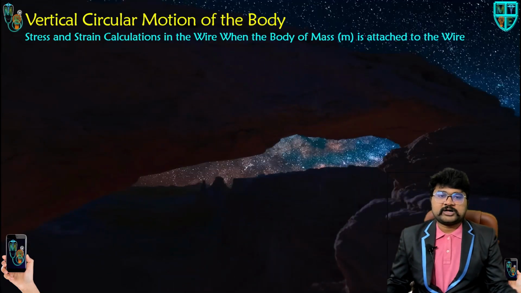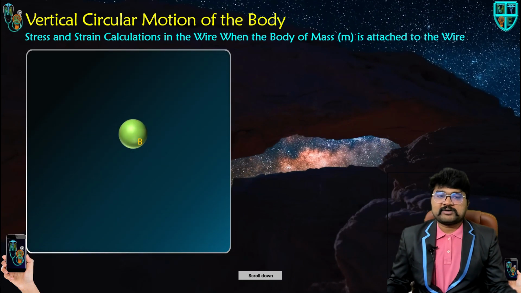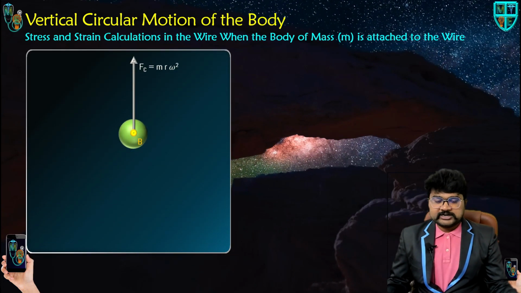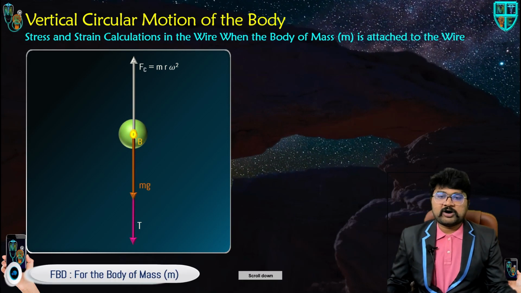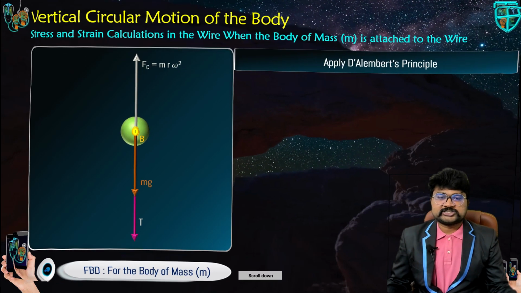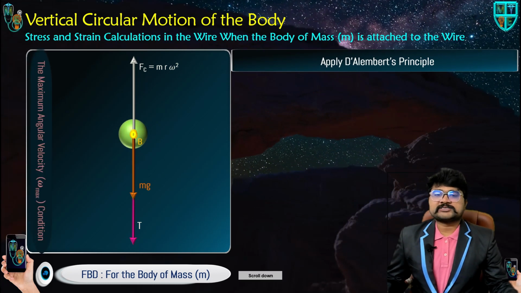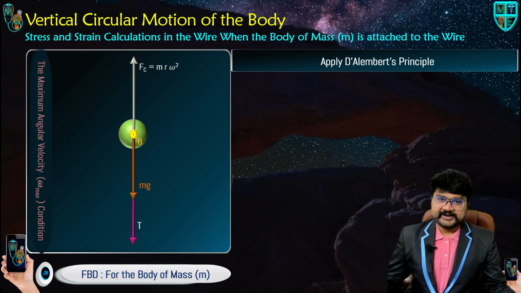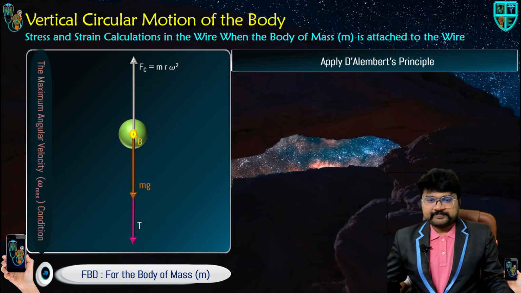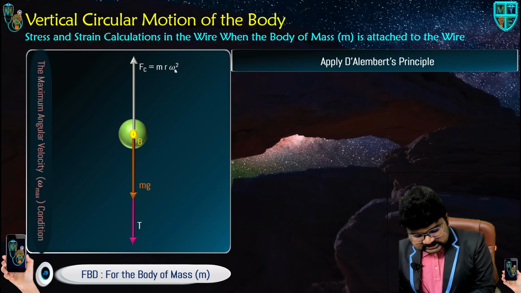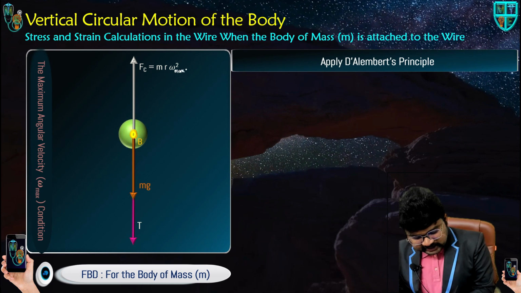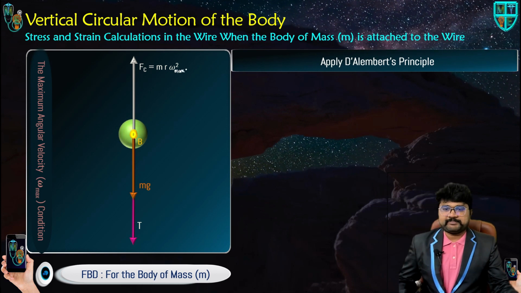Now we can have a look at the free body diagram for the body. Centrifugal force is acting, and tension and weight of the body act vertically downward. We are working on the maximum angular velocity condition: omega is maximum and Fc is also maximum. Understood?